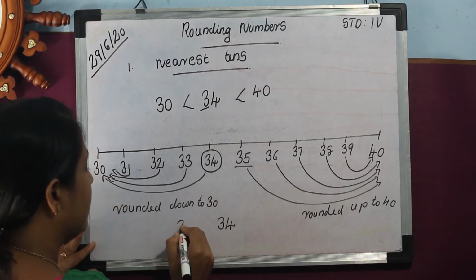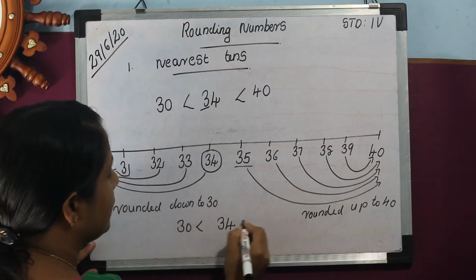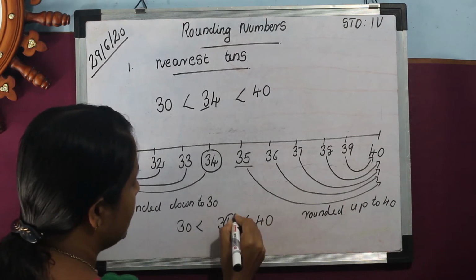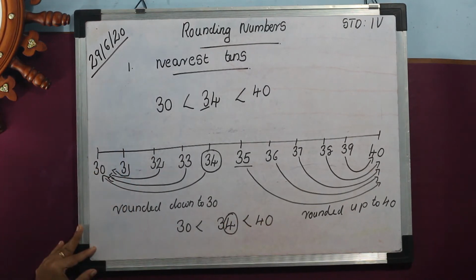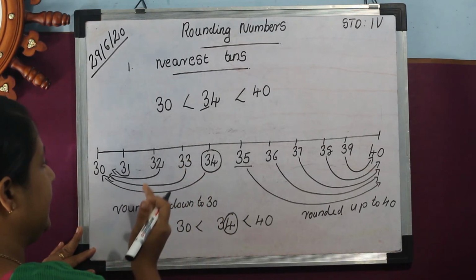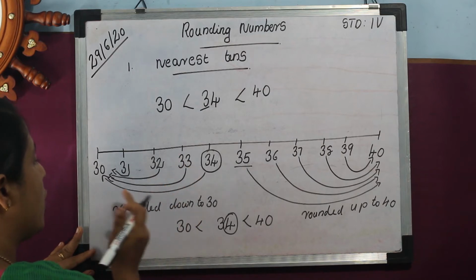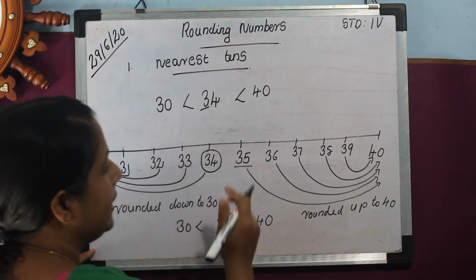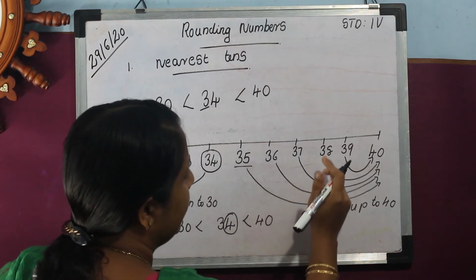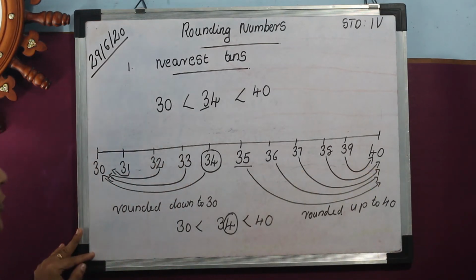We know that 34 lies between 30 and 40. Then consider the 1's place value. The 1's place value is 4. In this number line, 34, 33, 32, 31 are rounded down to the number 30 and 35, 36, 37, 38, 39, 40 are rounded up to the next number, that is 40.